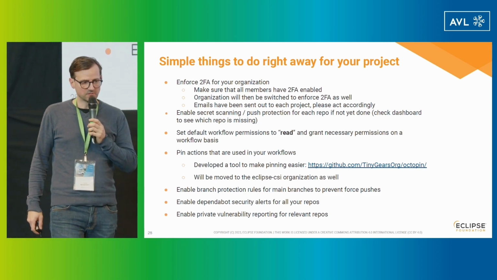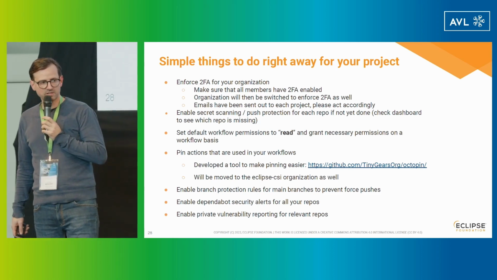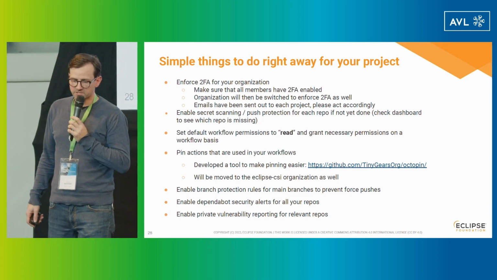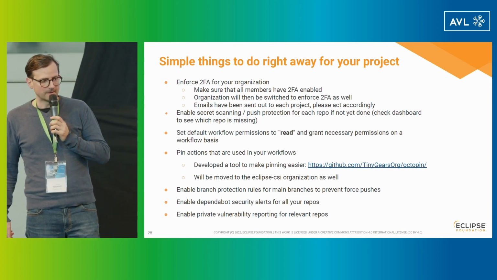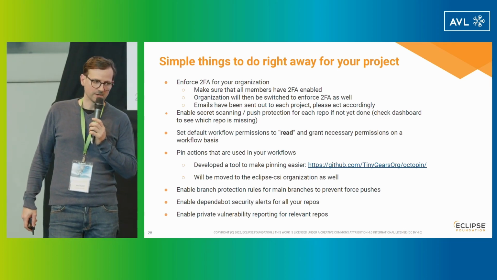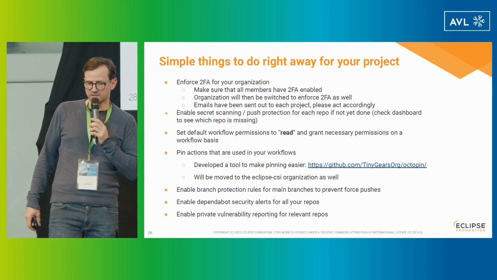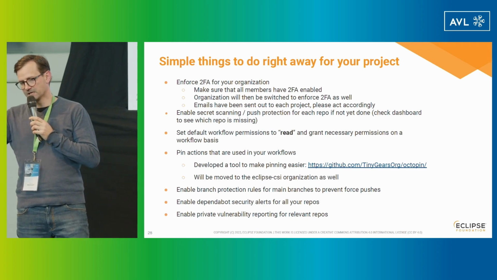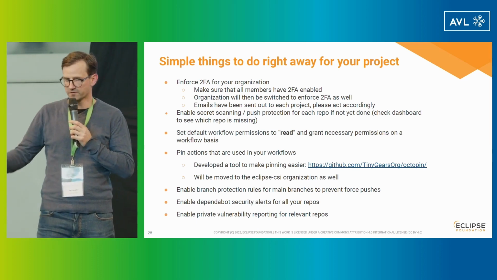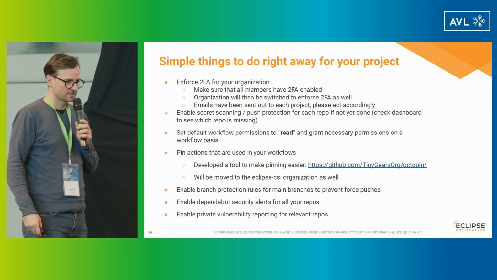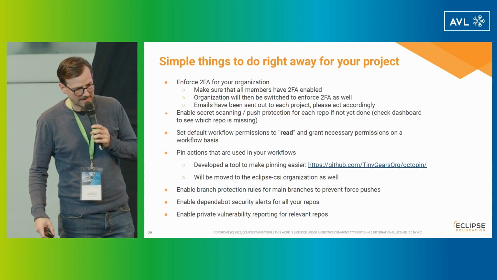Another thing that I would consider quite important is that originally, historically, GitHub was only supporting write-all permissions. So when you had a workflow, the GitHub token that is provisioned to this workflow had write permissions to everything.